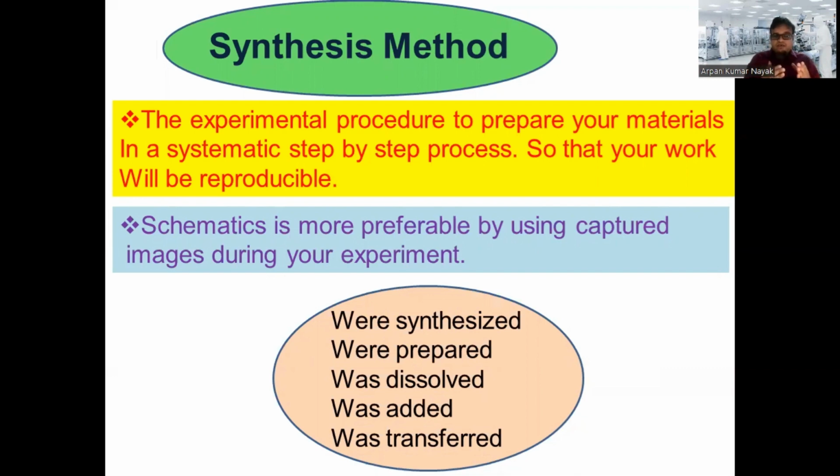But here you have to explain the step-by-step process of how you did that experiment. If you do not explain it step by step, then definitely no one can reproduce your result, and that will again be a problem. The idea you want to share will not be reproducible, so you have to give complete information on how you did it.